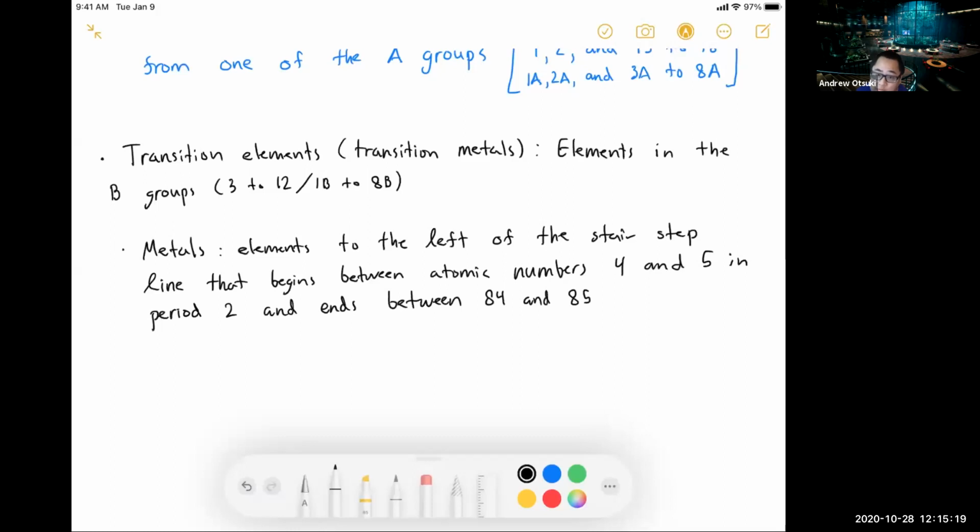It looks like a staircase, and that separates the periodic table into the metals and the non-metals. So anything to the left of the staircase. The staircase encompasses the elements that are above and below the lines. So boron, aluminum, silicon, germanium, arsenic, antimony, tellurium, polonium, and AT. I forgot what AT is. Let me just refresh my memory.